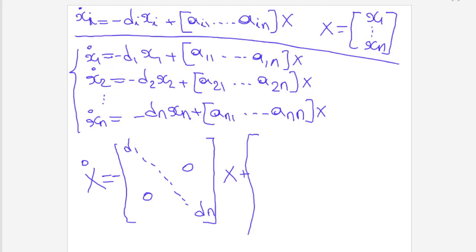Plus, oh, sorry, the matrix a11 through a1n, an1 through ann, okay? Multiplied by x.